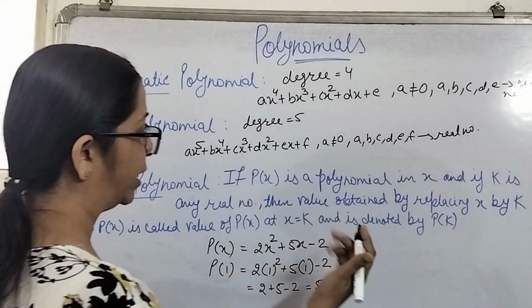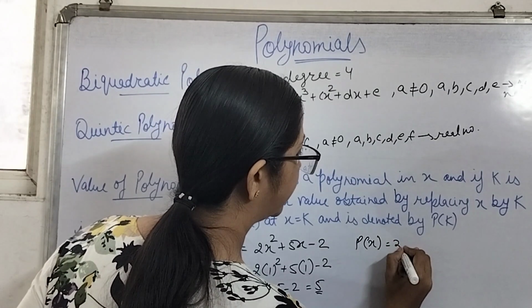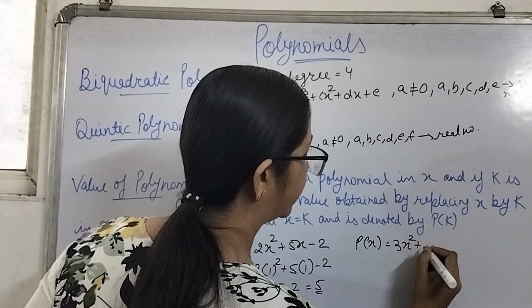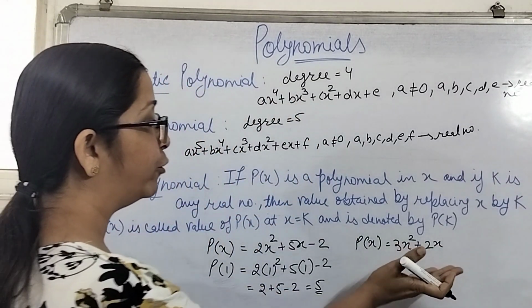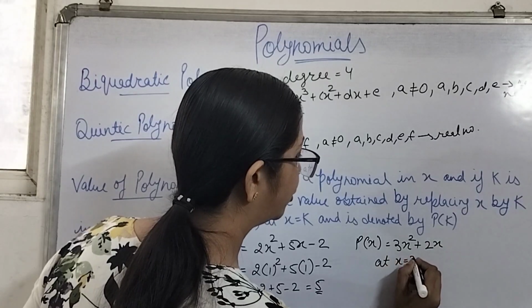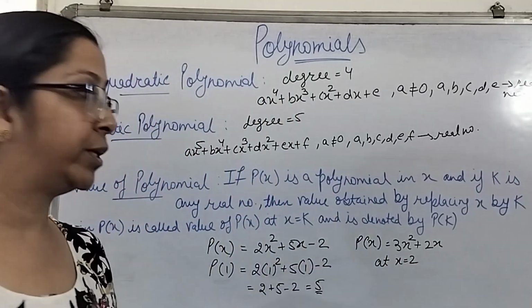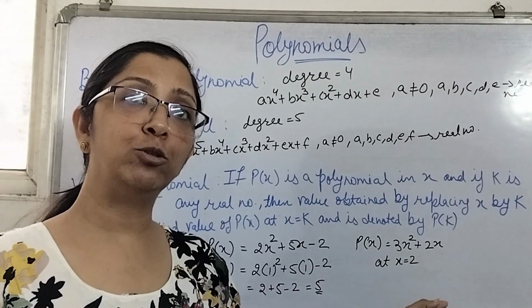Similarly, suppose the polynomial is 3x^2 + 2x, and we have to find its value at x = 2. Wherever x is coming in the polynomial, we replace it by 2.